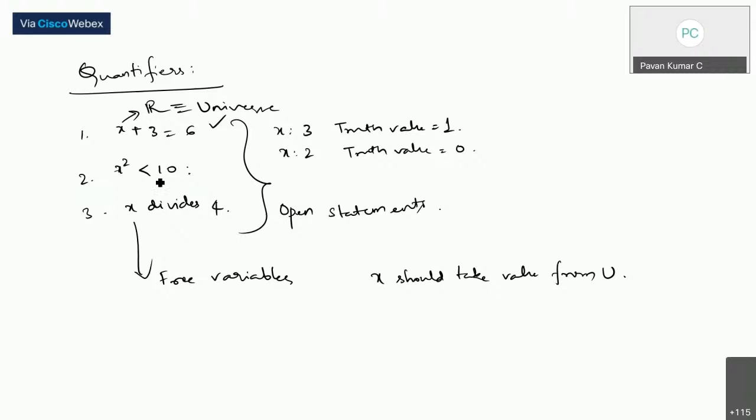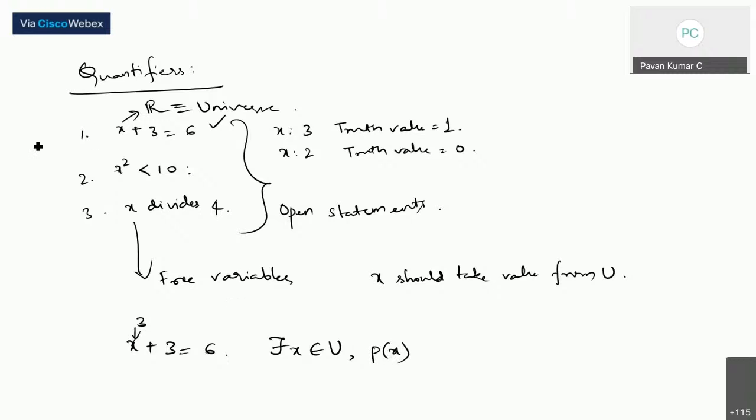But now, when I say x will take the value from the universe, this result is not true for all the values of x. It will be true only when x takes the value 3. In that case, what we can say is there exists some value x that belongs to the universe for which P of x is true.